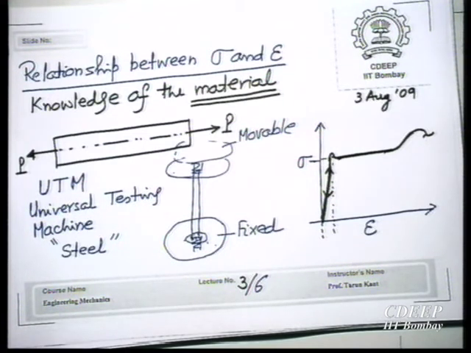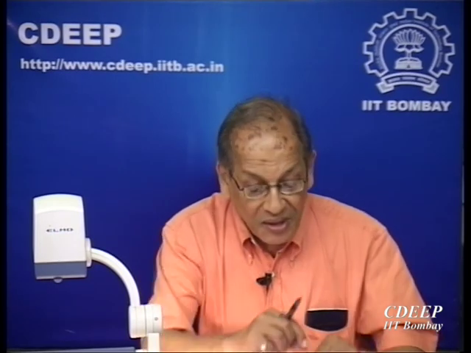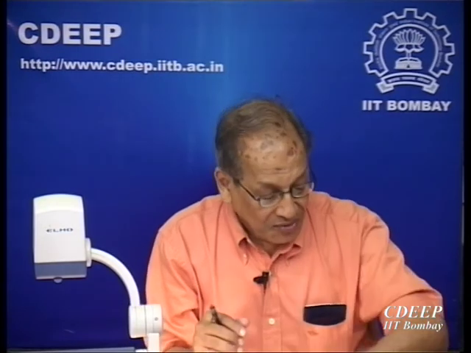Elastic is one property, that means you deform and after the loads are removed, it comes back to its original position. So, first is elastic. This is linear elastic because it follows a linear law up to this point only. Rubber, by the way, is not linear elastic. If you draw a stress strain curve for rubber, right from the beginning it will be a curve.